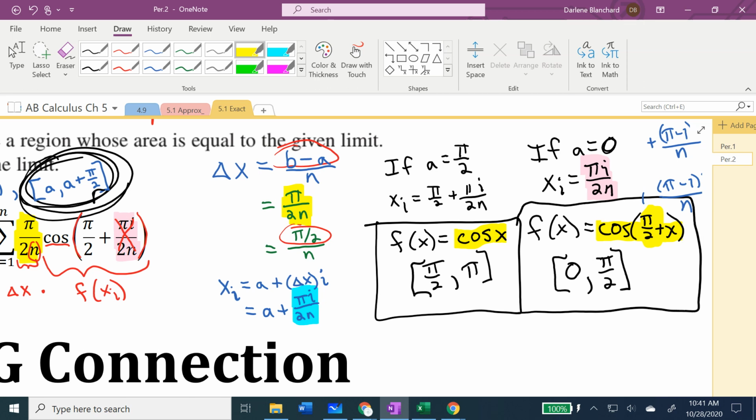Now, if you look at the interval that my cosine began on, if I shift this interval pi over 2 to the left, this section of the graph will shift to being 0 to pi over 2.